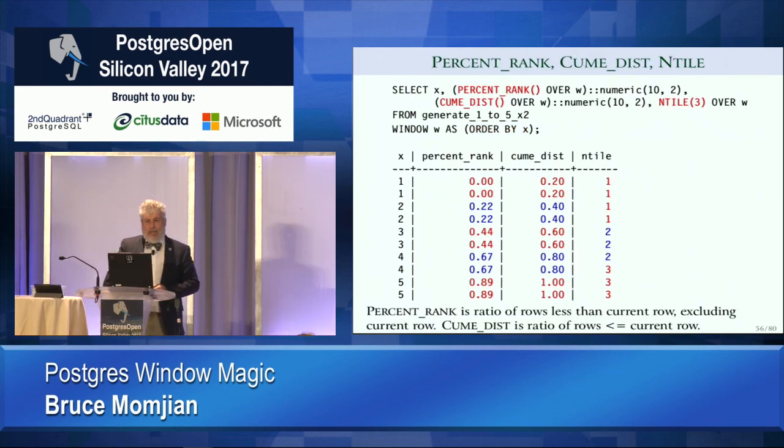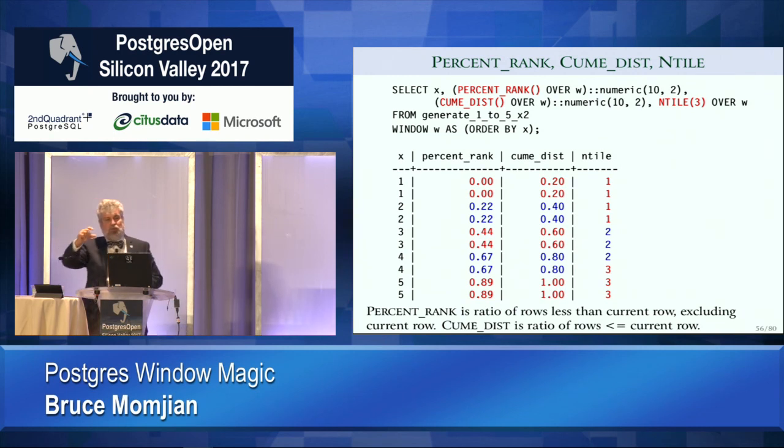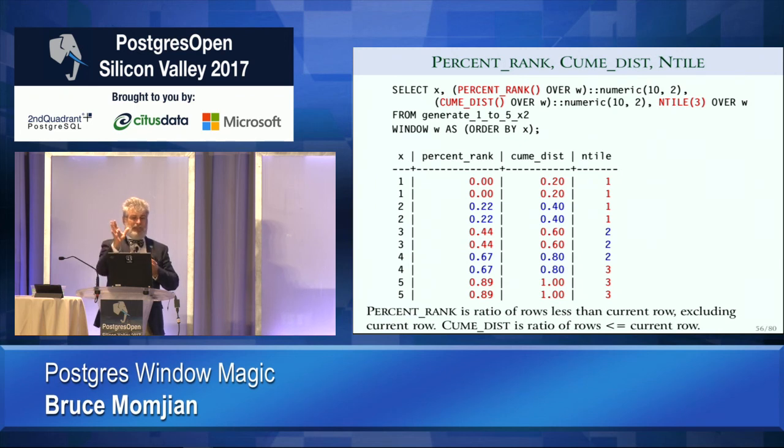Okay. Another function, percent rank, cumulative distribution, and ntile, is trying to break up the data set into pieces. Percent rank is saying what percentage is less than my peer group. So that's 0, okay? At this set, 22% or less, 44% or less, 67% or less, 89% or less.